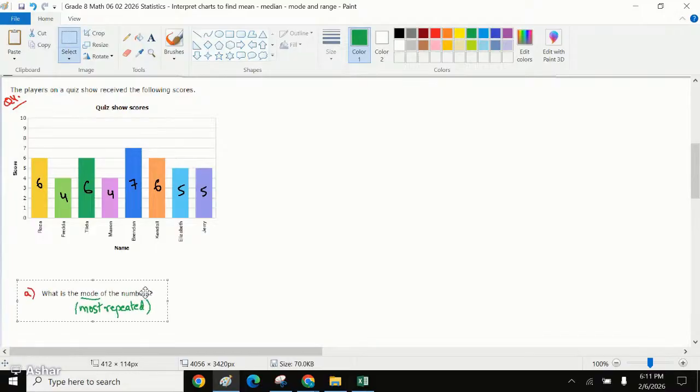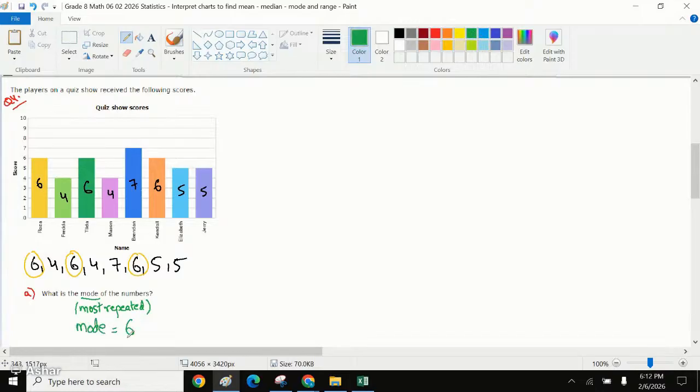If we copy these numbers, the scores were 6, 4, 6, 4, 7, 6, 5, and 5. So what is the most repeated number? Can we say 6 was repeated thrice? That means the mode will come out to be 6. So 6 is the most repeated score.